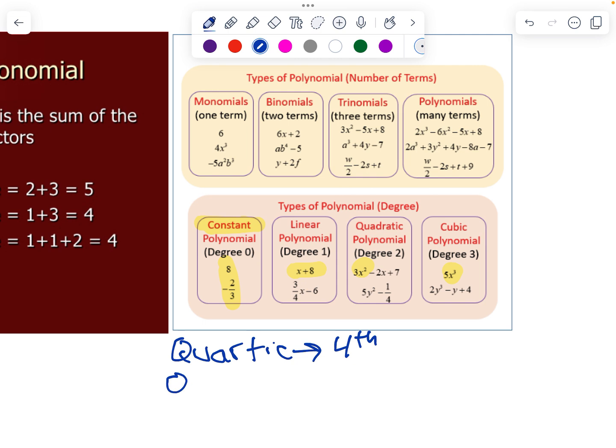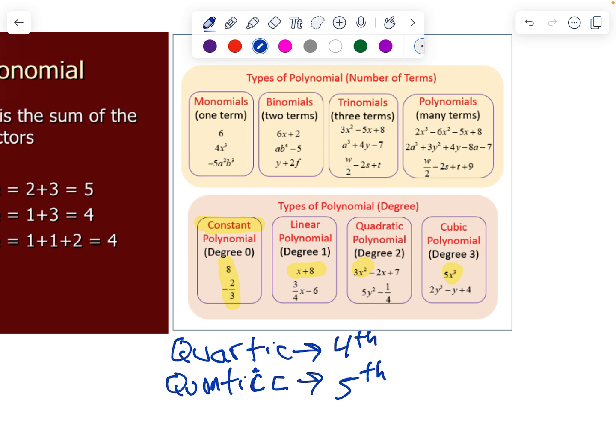And we have quintic, which is to the fifth power. Now we have names for any power, but usually after cubic we just say it's that degree. Even quartic, we don't talk about that often, or quintic, we don't talk about that often. But anything, if you have like an eighth power, instead of the name, we'll say it's an eighth degree polynomial.